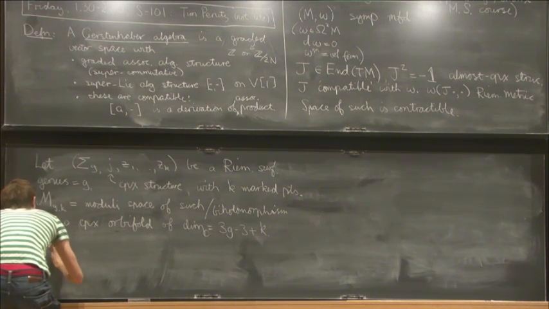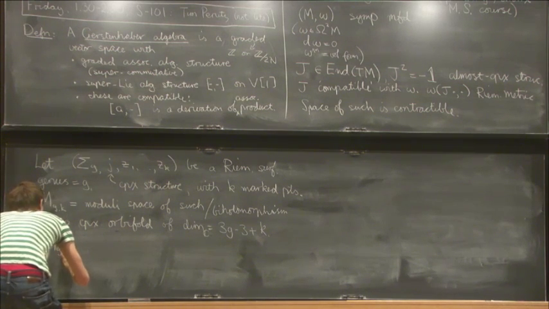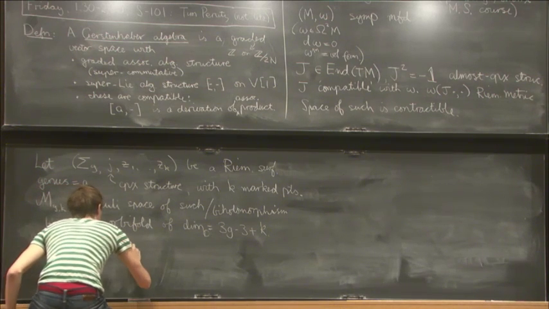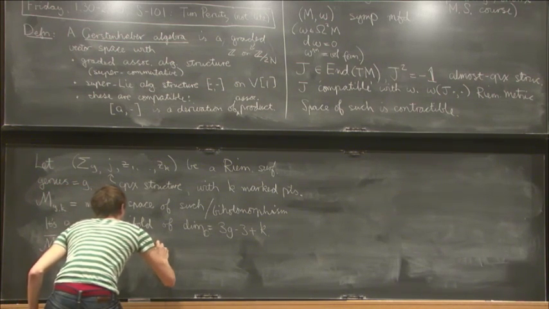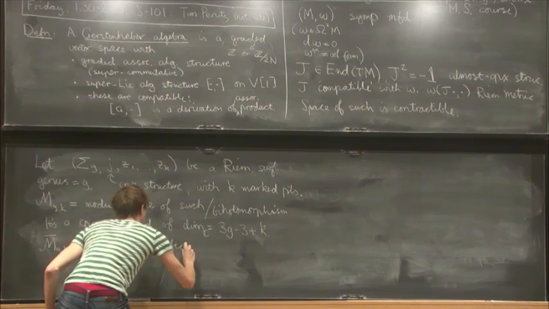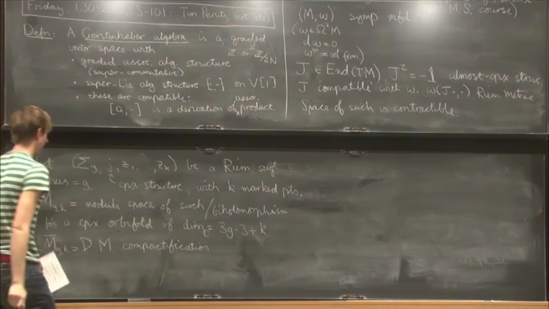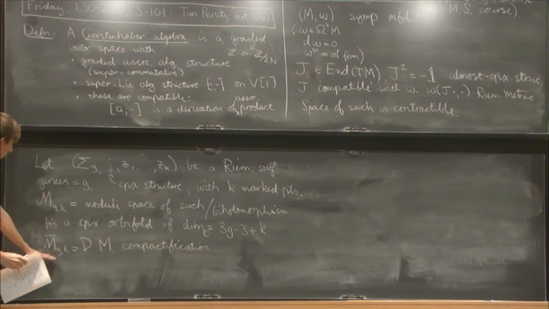This has a nice compactification, the Deligne-Mumford compactification. So this is a compact complex orbifold of the same dimension.